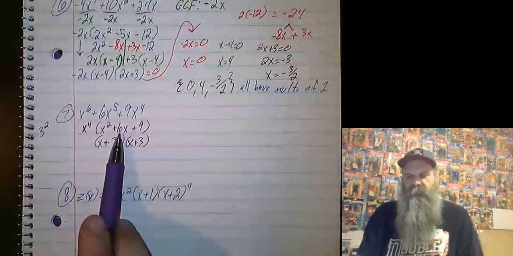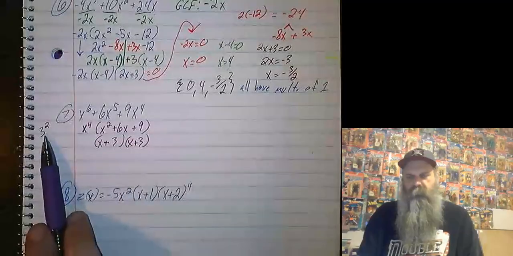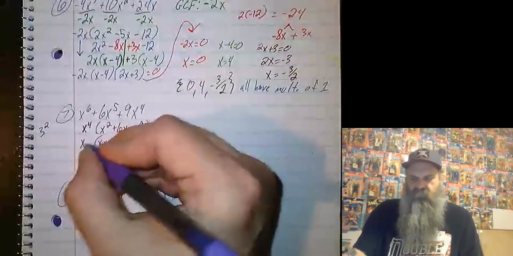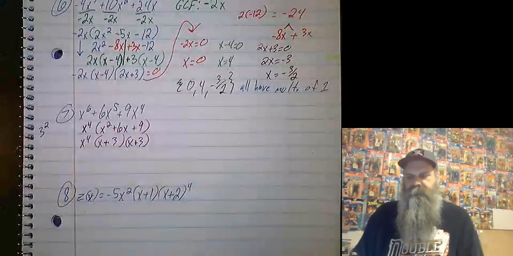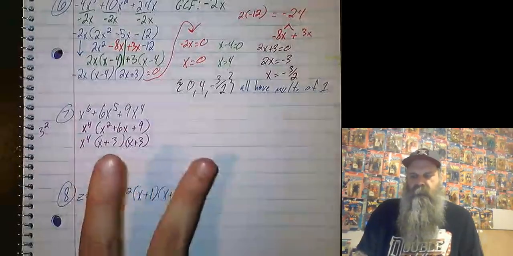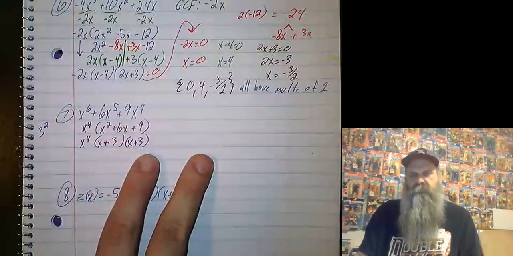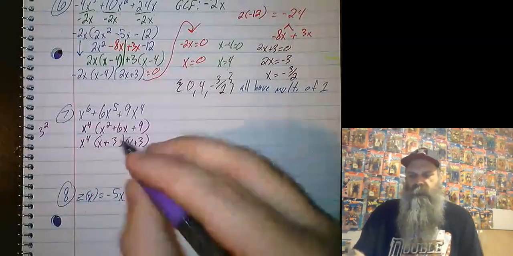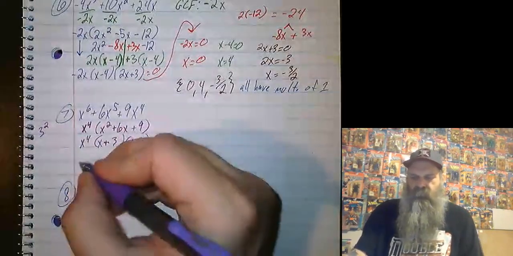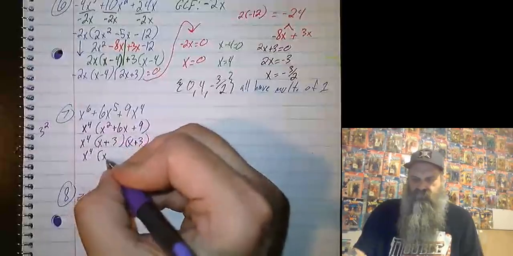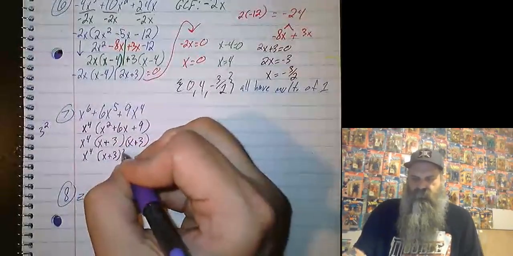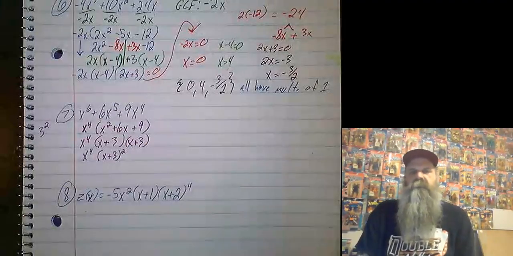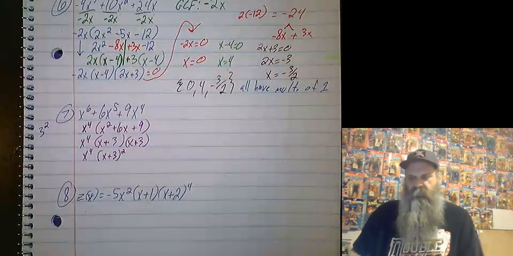Or it's that take half of 6 and square it. And then we have our GCF out front. So I have x plus 3 as a factor happening twice. You could also think about it as x to the 4th times x plus 3 squared.